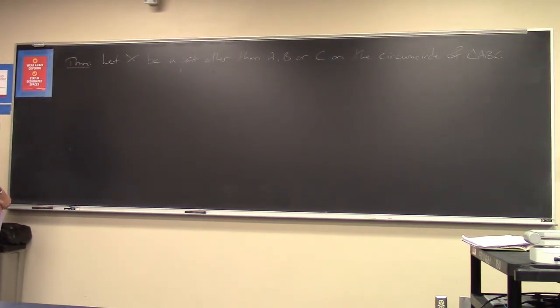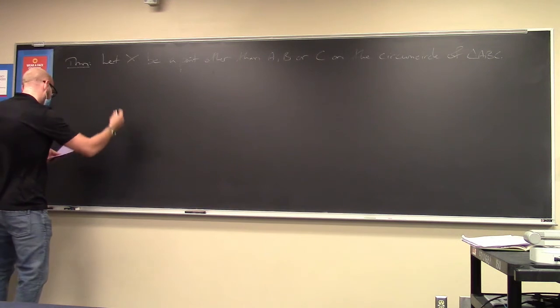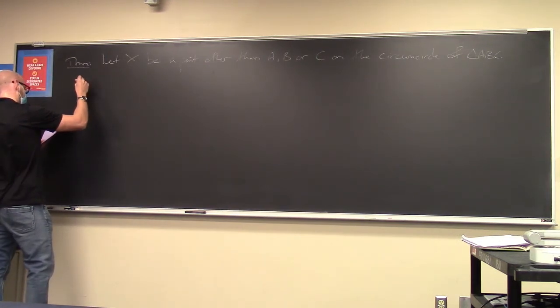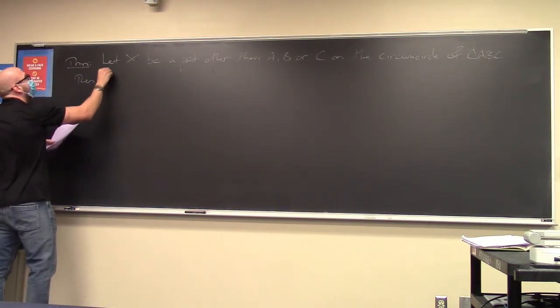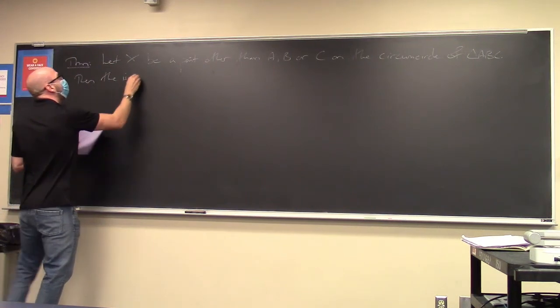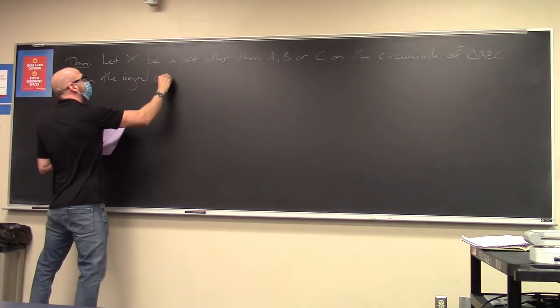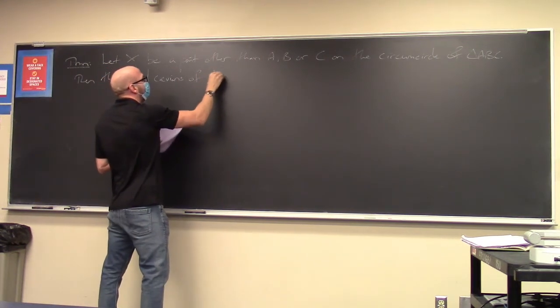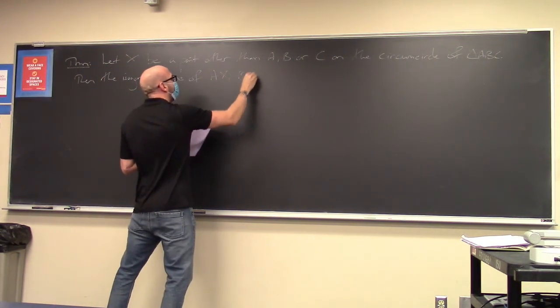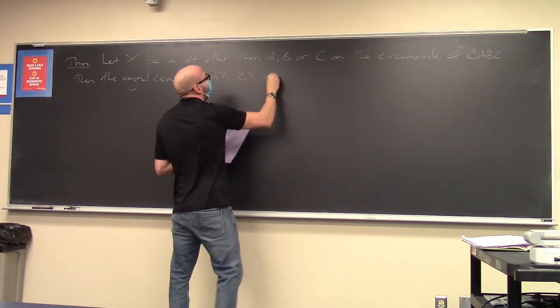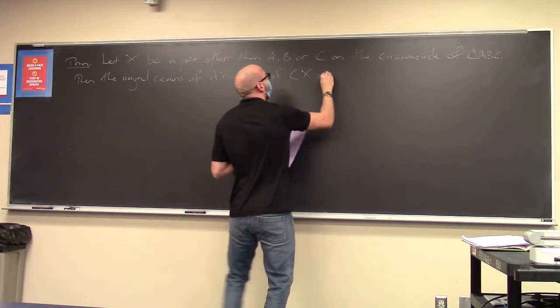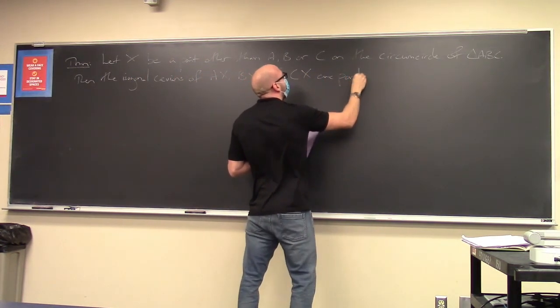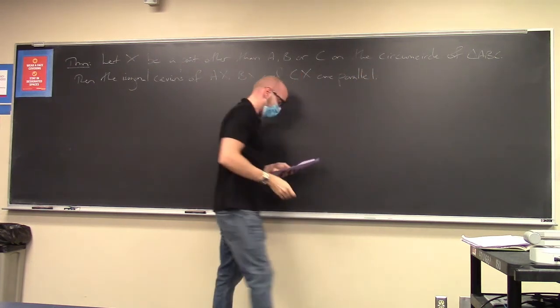Then AX, BX, and CX are Chevians that are concurrent at X, and when you take their isogonals, you get parallel lines. So then the isogonal Chevians of AX, BX, and CX are parallel.